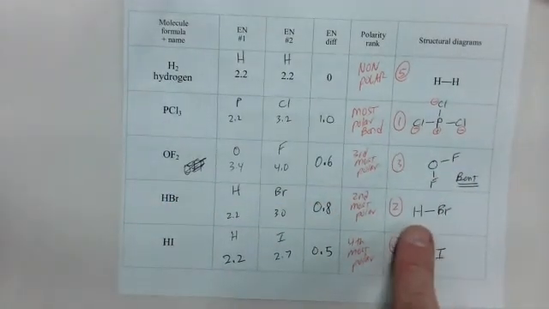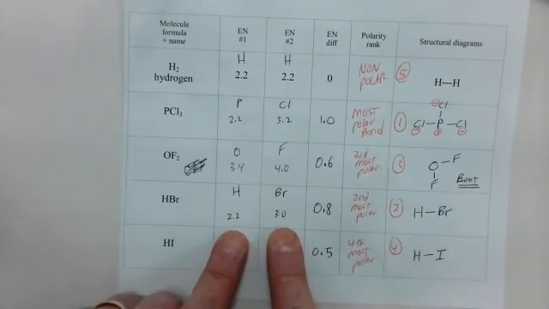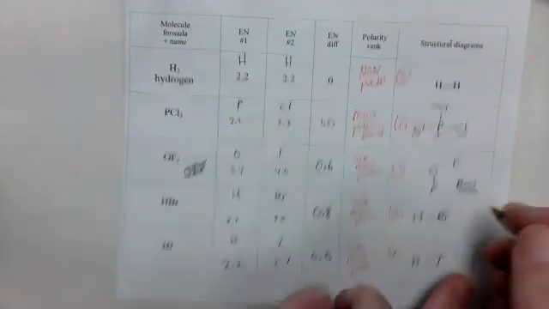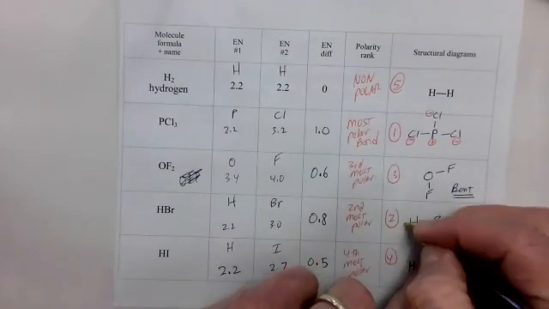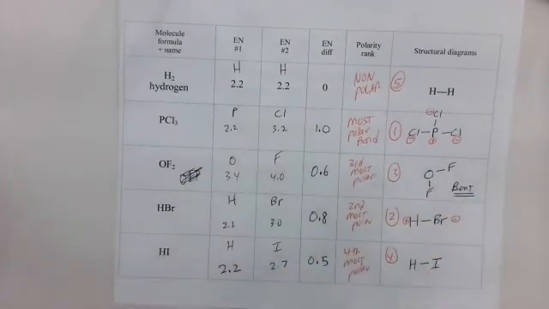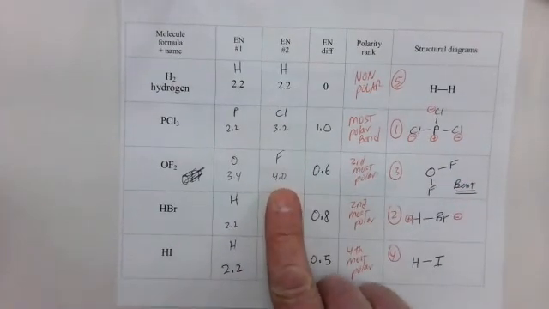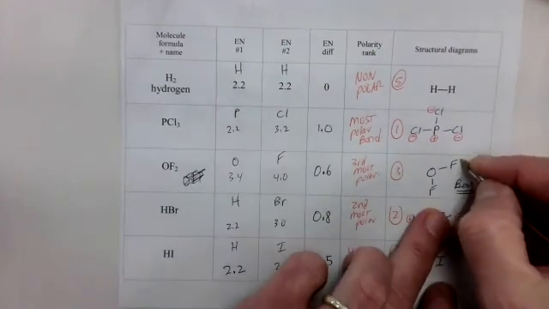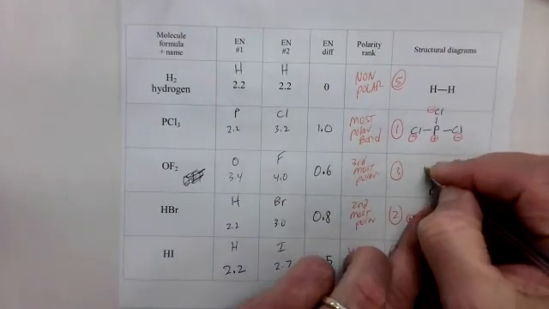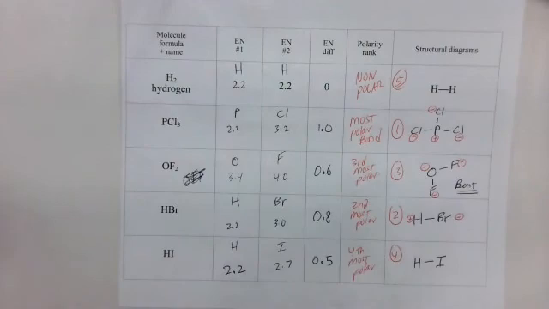When H and Br come together, Br has a much greater electronegativity, so the Br side is going to be negative, and the hydrogen is going to be more positive. For OF2, fluorine is much greater. Fluorine is the highest electronegativity. So the fluorines are going to be negative, and the oxygen side, relatively speaking, is going to be positive because it's going to lose its electrons to fluorine.